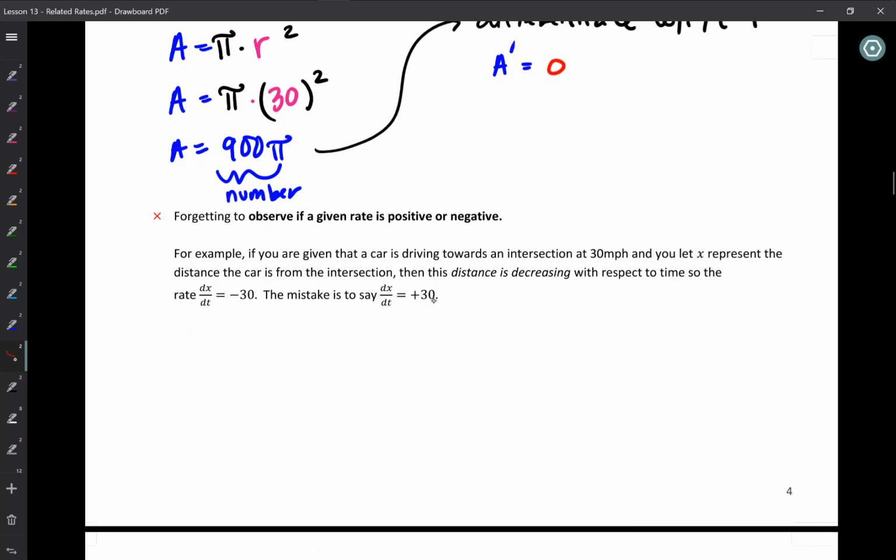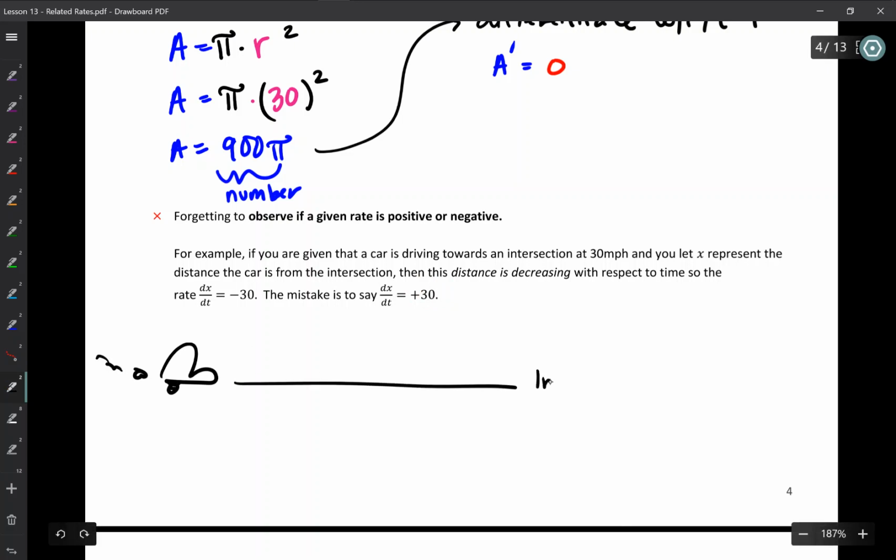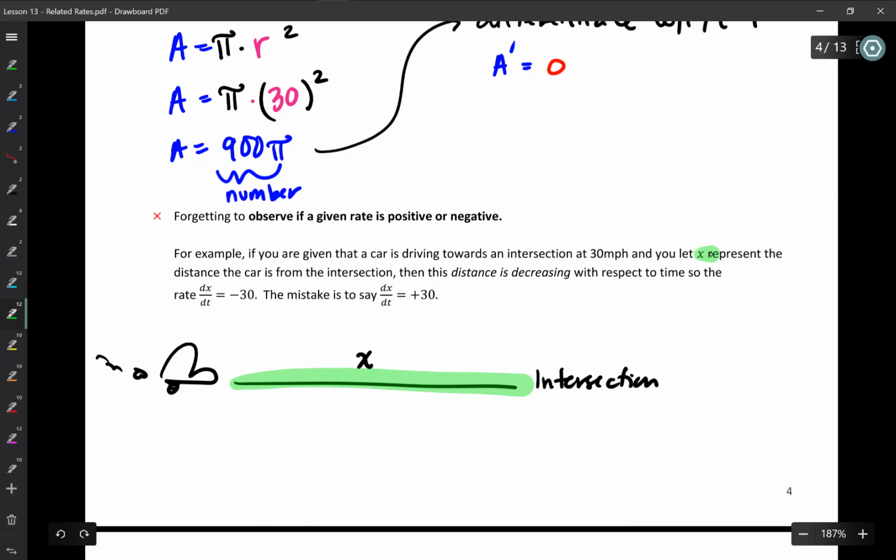The mistake is to just see a 30 and then write a 30, right? So here's my silly little car, and it's driving towards my intersection. x is the distance that I am from the intersection.